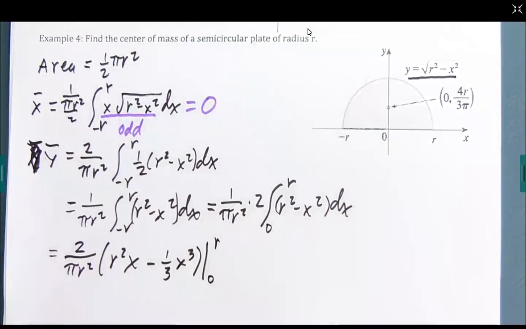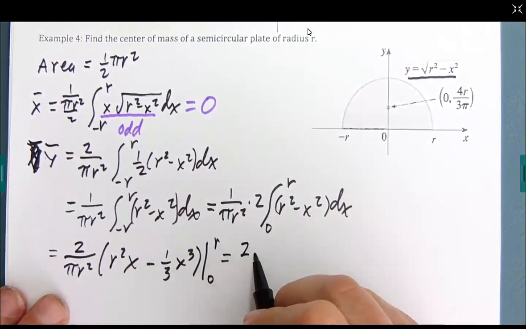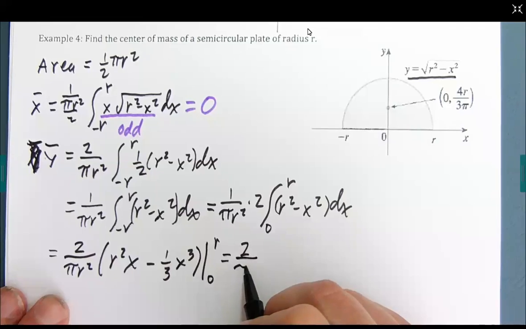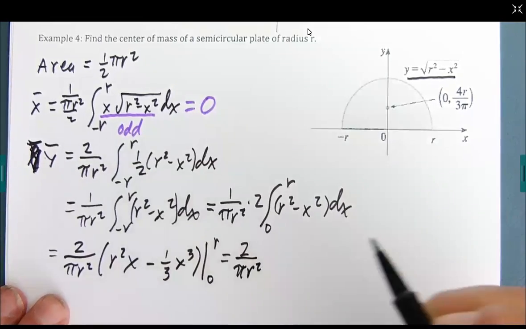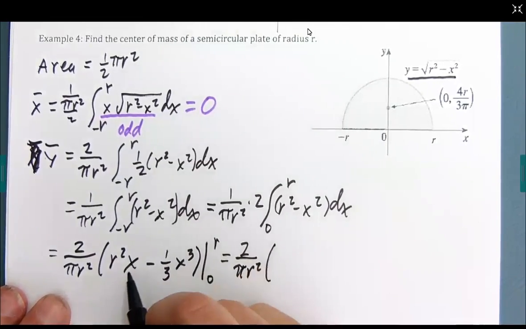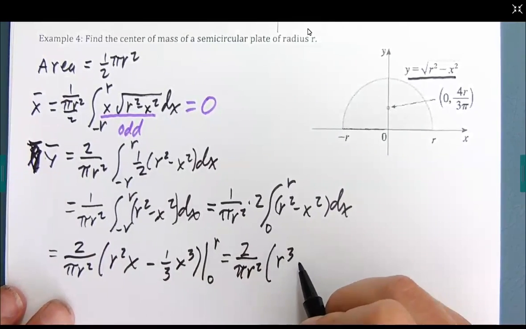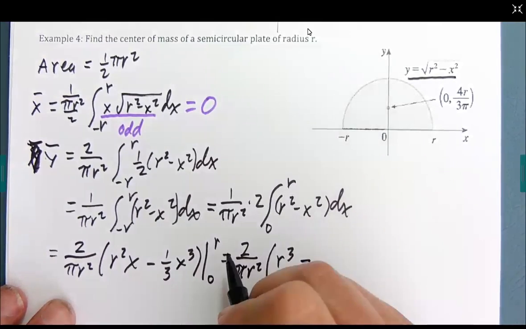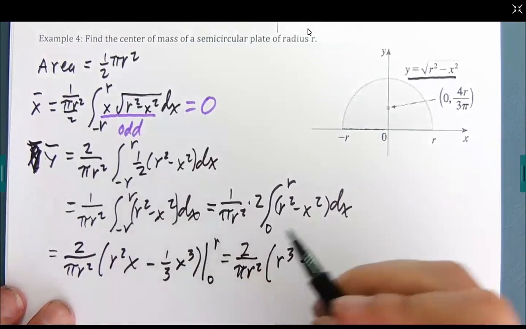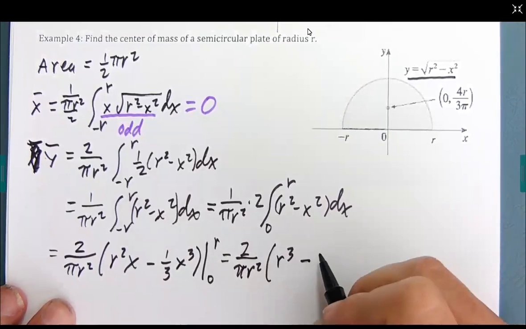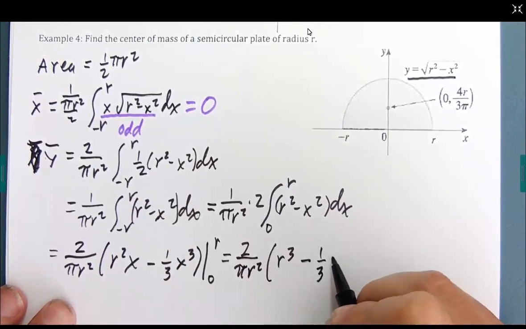Now, when I plug in 0, they go away, so I'm only interested in the r's. When I plug in r, that's r times r squared, that's r cubed, minus when I plug in r there, that's going to be 1/3 r cubed.